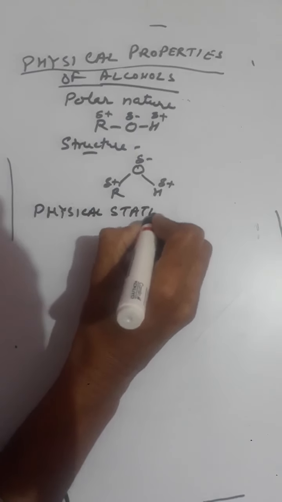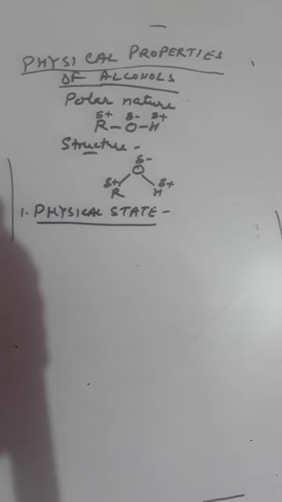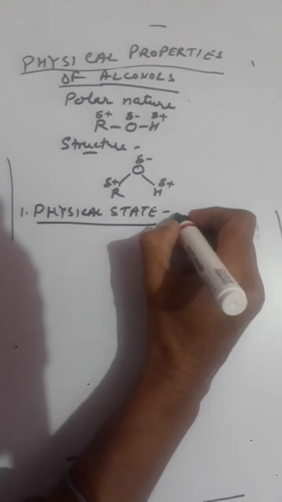Now when we say physical state, the lower members of alcohols are colorless liquids.